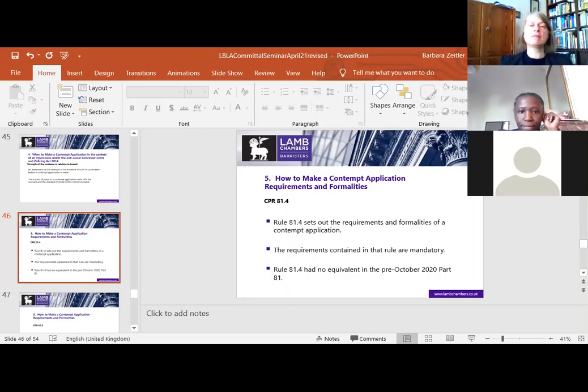I think it's really important that you are all very familiar with all the steps that you are required to follow pursuant to CPR 81.5, because the rule makes it very clear that these are mandatory steps.